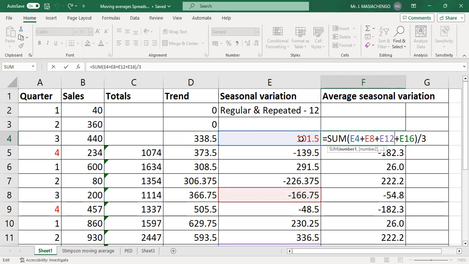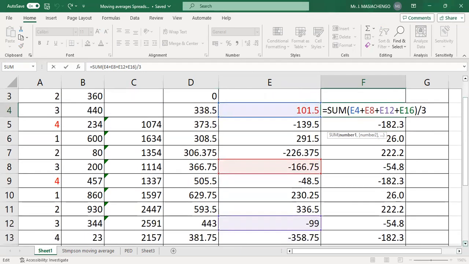In this case, I will take 101.5. Then I look for Q3 again, seasonal variation, it's minus 166.75. I add this one again. There's something below this one. I think there were 3. That's why I divided by 3. There is minus 99 there. Then what I got, I divide by 3.